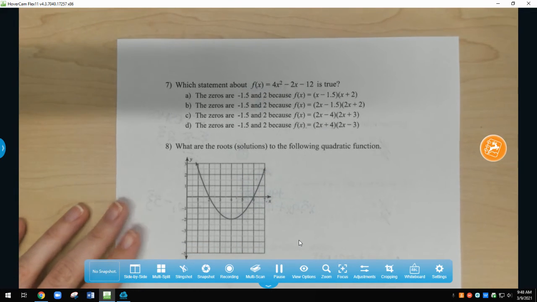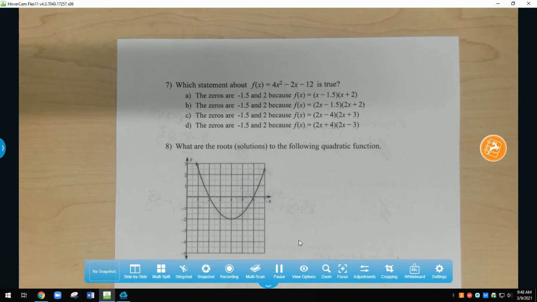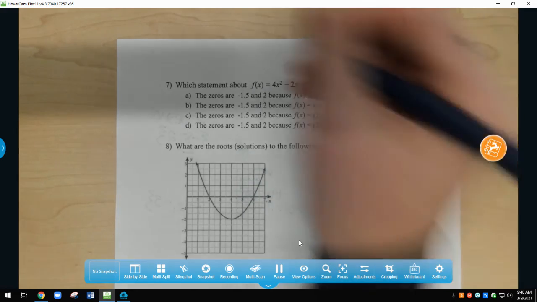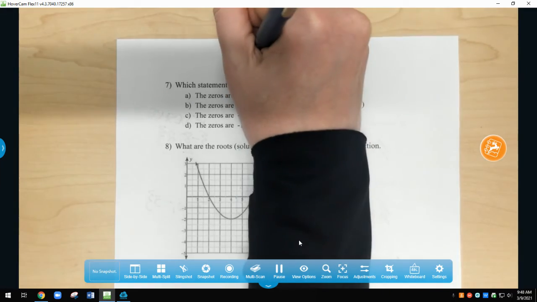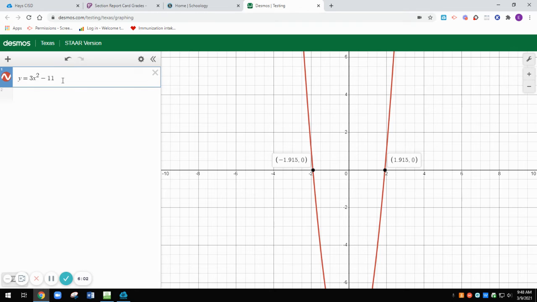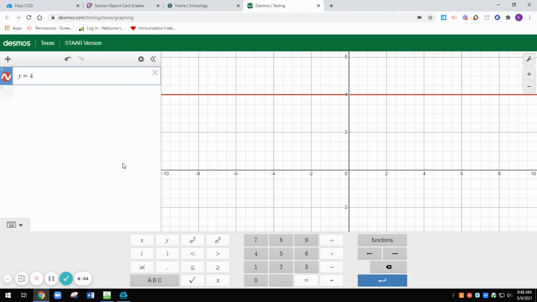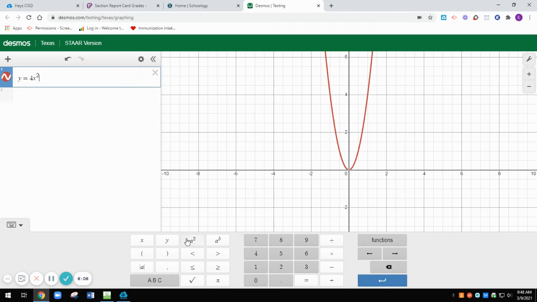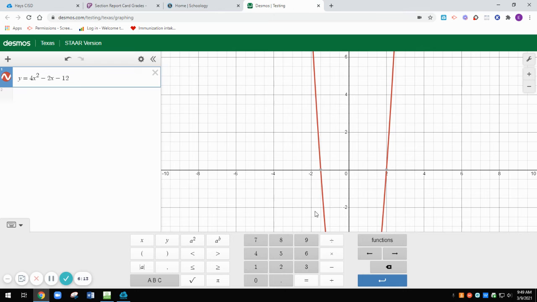All right, which statement about f of x equals 4x squared minus 2x minus 12 is true? Remember, f of x, like we said on the front, is the same as y. So first, I'm going to go ahead and type this in to Desmos. So we have 4x squared minus 2x minus 12.